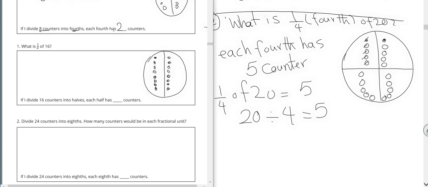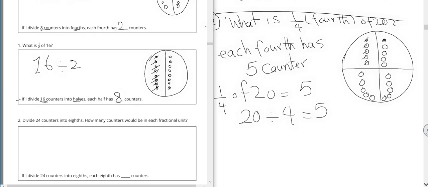In one half, 1, 2, 3, 4, 5, 6, 7, 8. So if I divide 16 counters into halves, each half has 8 counters. We can write 16 divided by 2 equals 8.